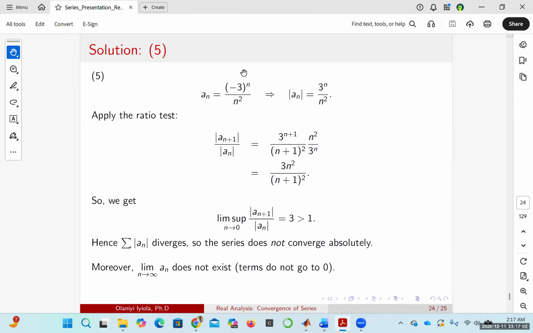But we know that this is an alternating series, the sign is alternating, so the limit does not exist, and so we can conclude that the original series also diverges. So it's not absolutely convergent, and it's not even convergent at all.